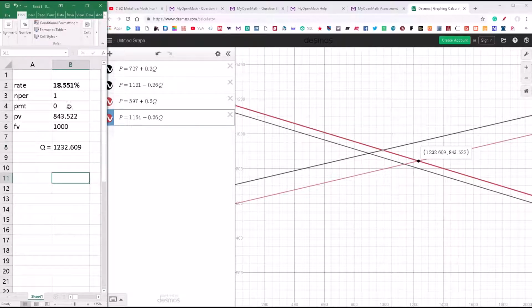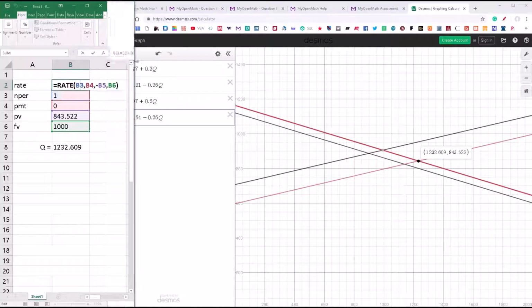Okay. And then we use the rate equation with a 1 year. We use the rate equation with the 1 period bond, number of periods being 1, a 0 coupon payment because it's a discount bond, a 0 coupon bond, a negative price because we have to pay that out to get the $1,000 in 1 period.